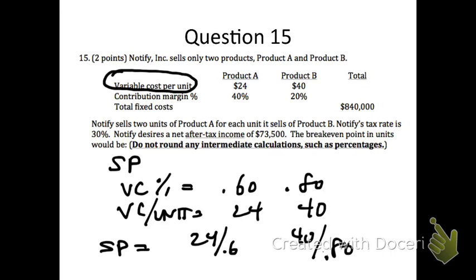So the sales price per unit for product A turns out to be 40, and for product B it turns out to be 50.